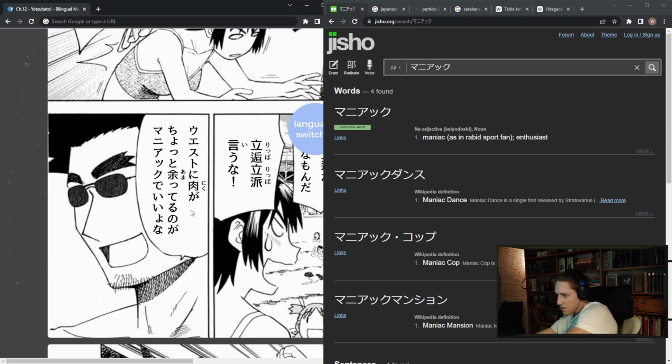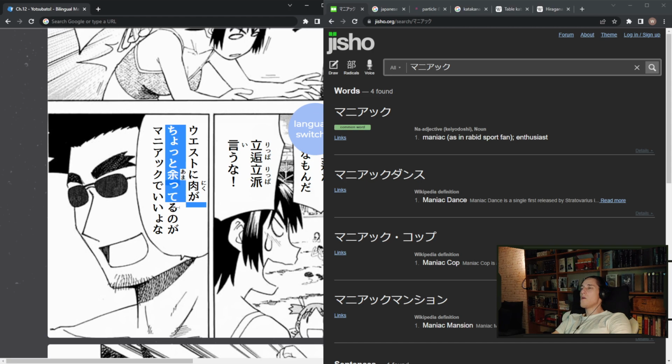So it's de, but I still think it's da. So I am an enthusiast of having some meat left on the waist.